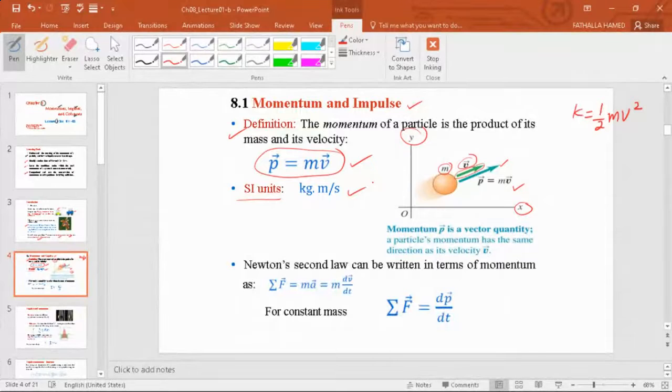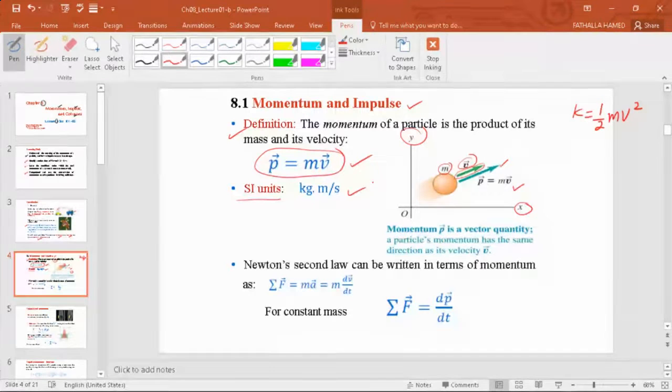We named the unit the joule. Well, in the case of momentum, the unit stays in SI units, and it's not named after any scientist. It's just kilogram meter per second.